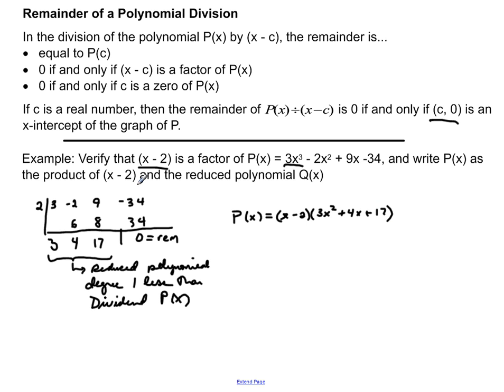And so when we're asked to write the p of x as a product of x minus 2 and the reduced polynomial q of x, that's what we're really looking for. If we were to carry out this multiplication, we would find that p of x is indeed this product. And that's all we're looking for in this section.